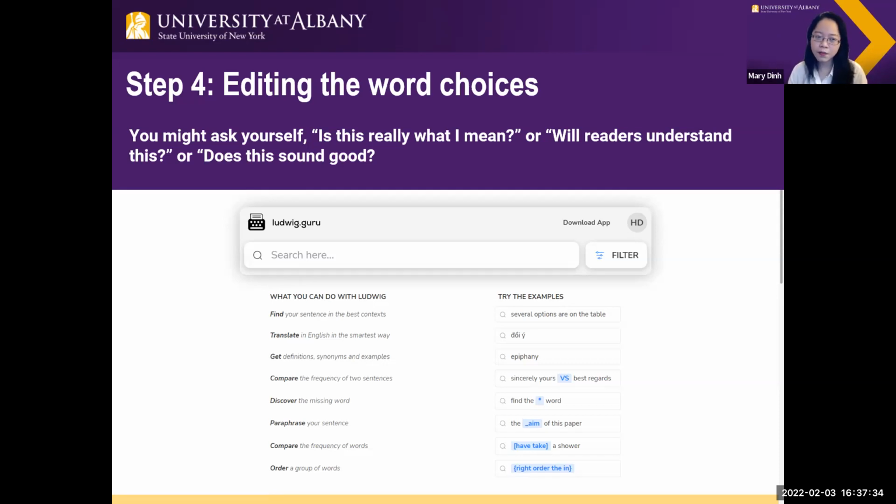But what it does is, for example, sometimes we write something and we say, is this really what I mean, or will the reader understand this, or does it sound good? So for example, when I phrase my idea this way, will they understand this?